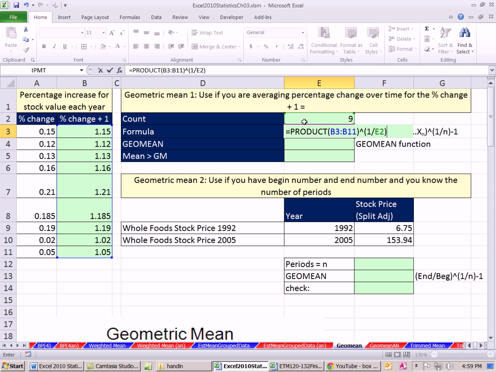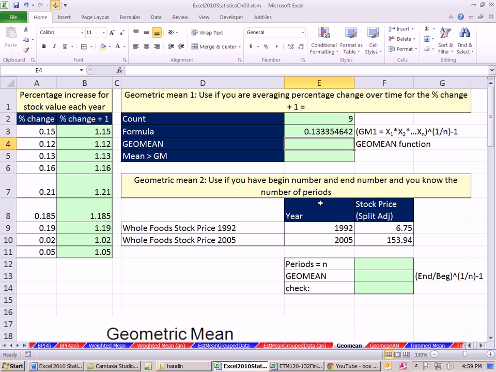Now, this will give you 1 plus the average percentage change. And we can see that if we enter it in, it's 1.13333. So simply have to subtract 1. And that gives you the geometric mean. This is the actual average compounding rate over these periods here.